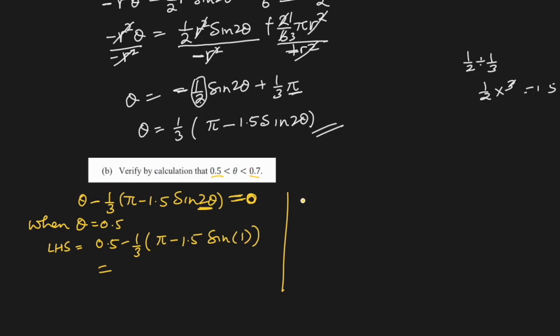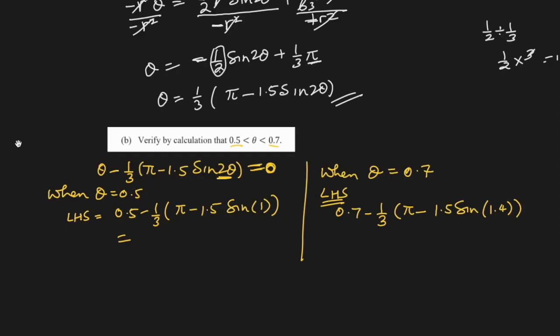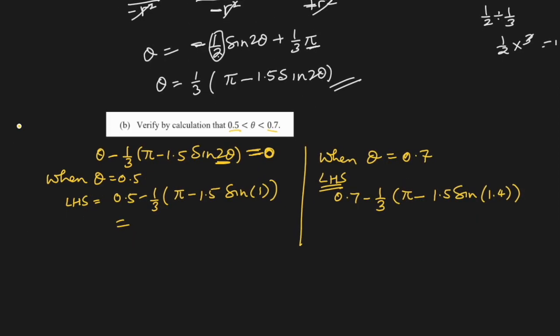And second condition, when theta is 0.7, LHS, left hand side, will be 0.7 minus 1 over 3 pi minus 1.5 sine 2 times 0.7, which is 1.4. Let's put these into our calculators and see if one of them is positive, one of them is negative or not. Okay, I got my answer.